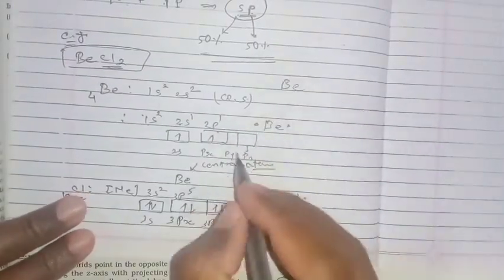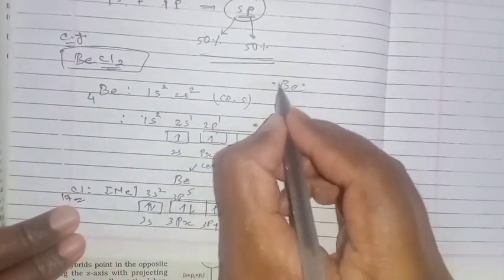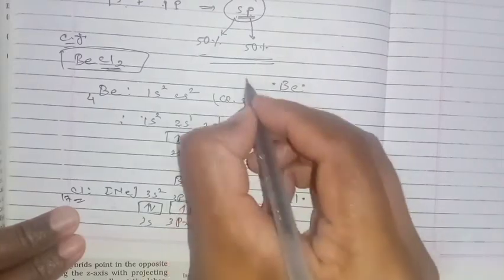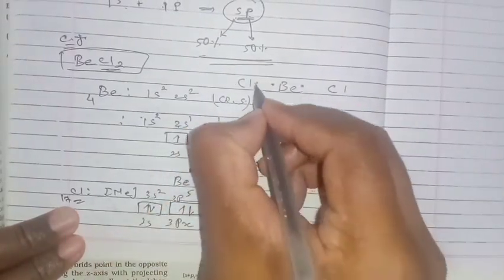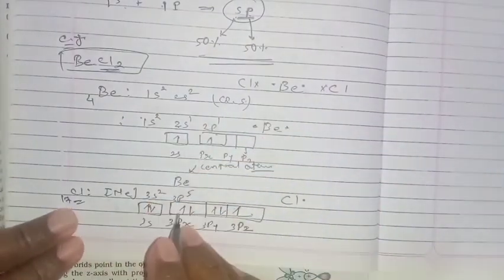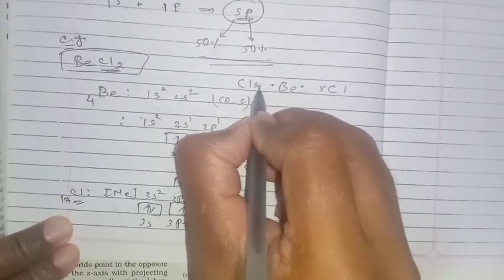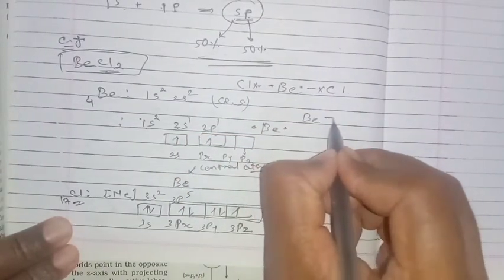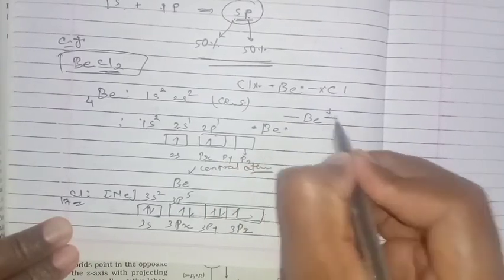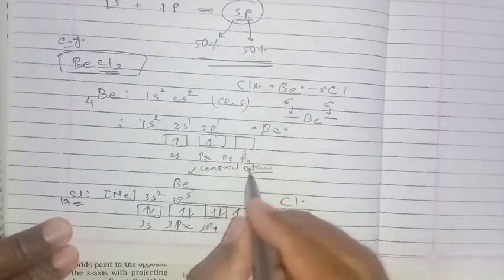So beryllium, which has two unpaired electrons, is the central atom, and the two chlorine atoms, each with one unpaired electron, share one electron each and a bond is formed, that is, a sigma bond.